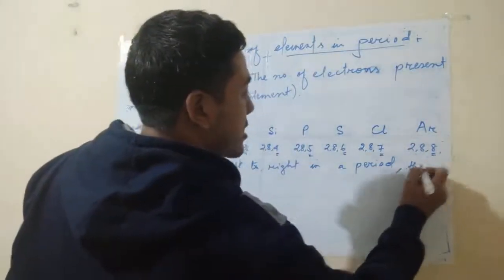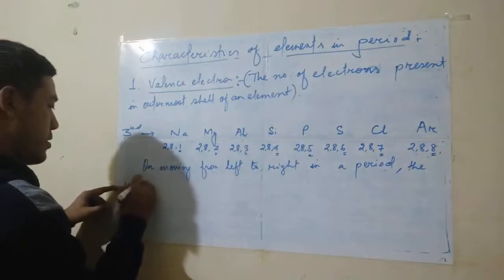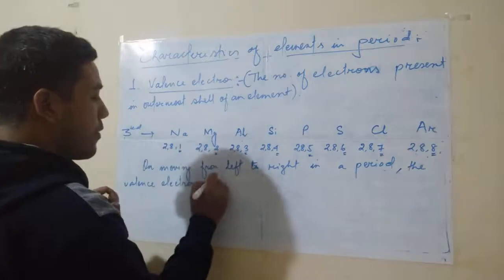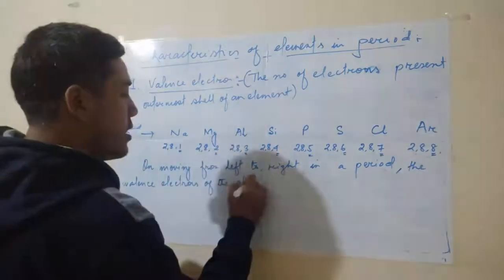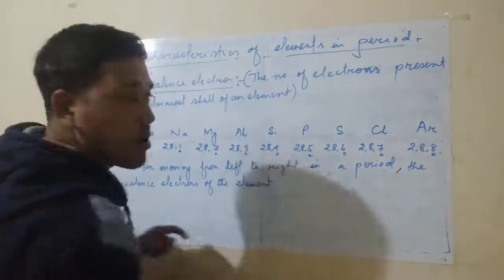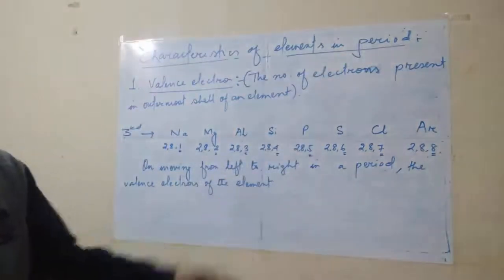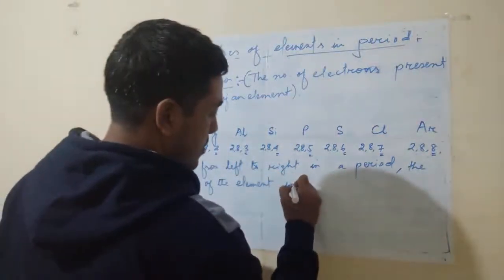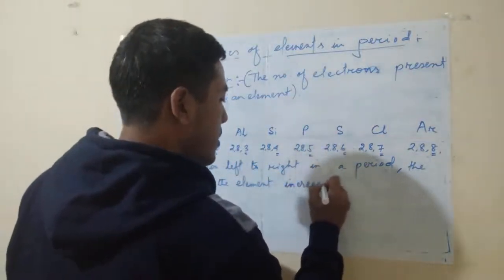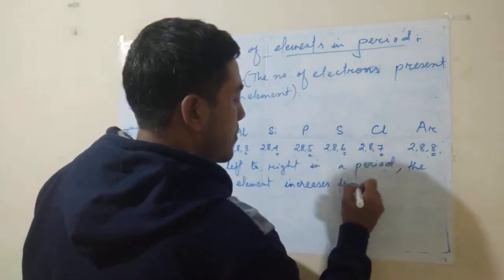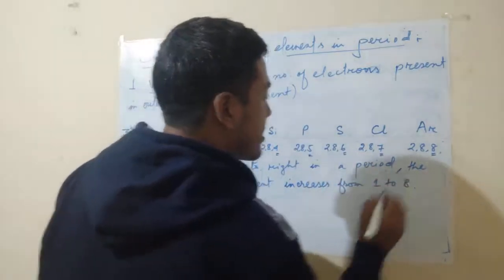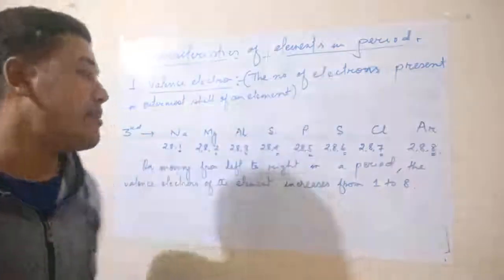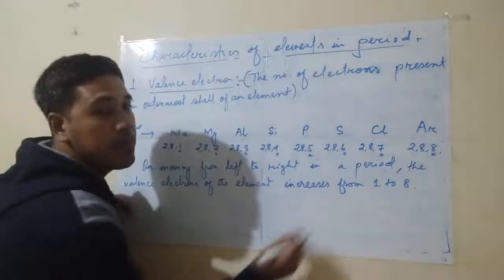The valence electrons of the element increase from 1 to 8. Right. The first one, sodium, is 1 and argon is 8. That means the valence electrons of the element increase from 1 to 8.